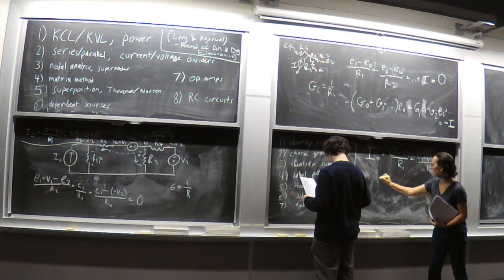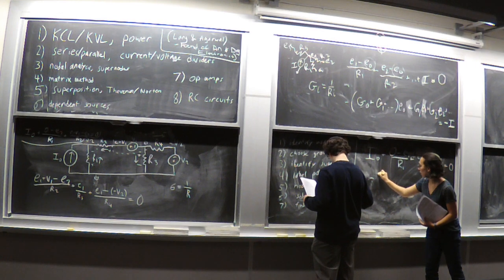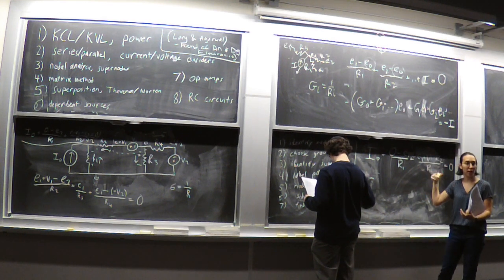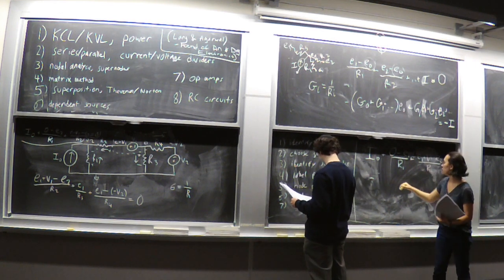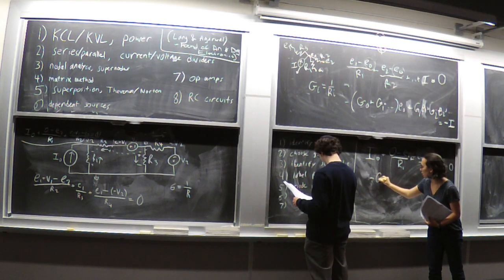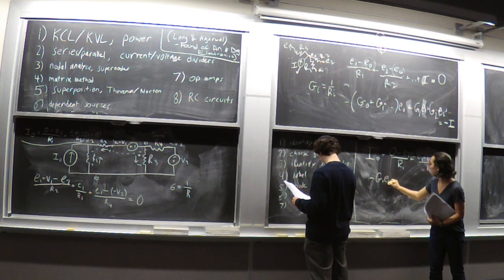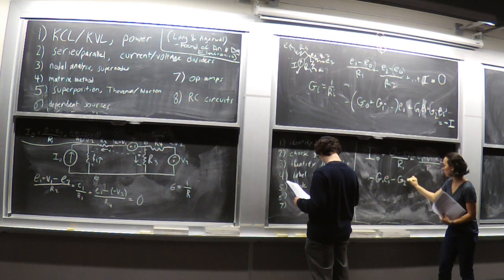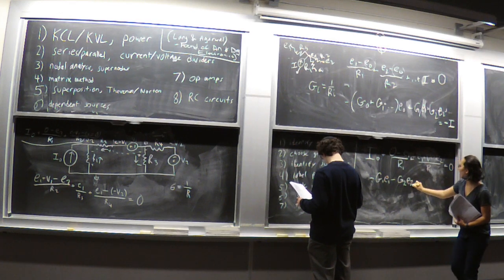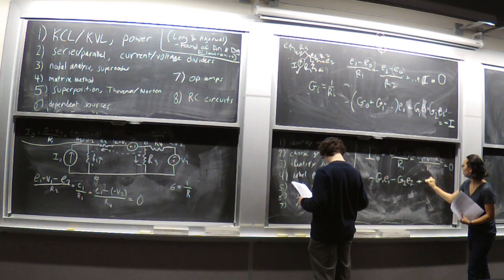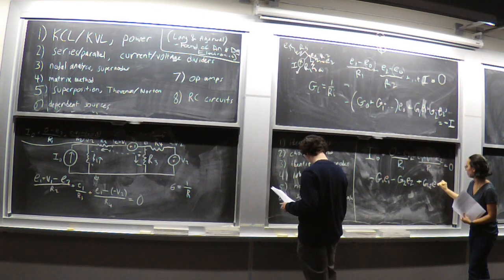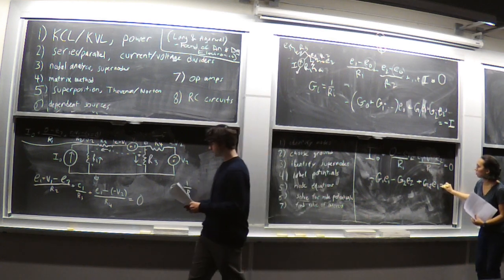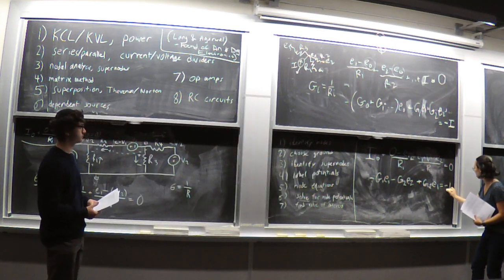In this case, I'm going to replace 1 over R with G. So we would have minus G1 E1, and we would have minus G2 E2, plus G2 E1, and on the right-hand side we have minus I naught.